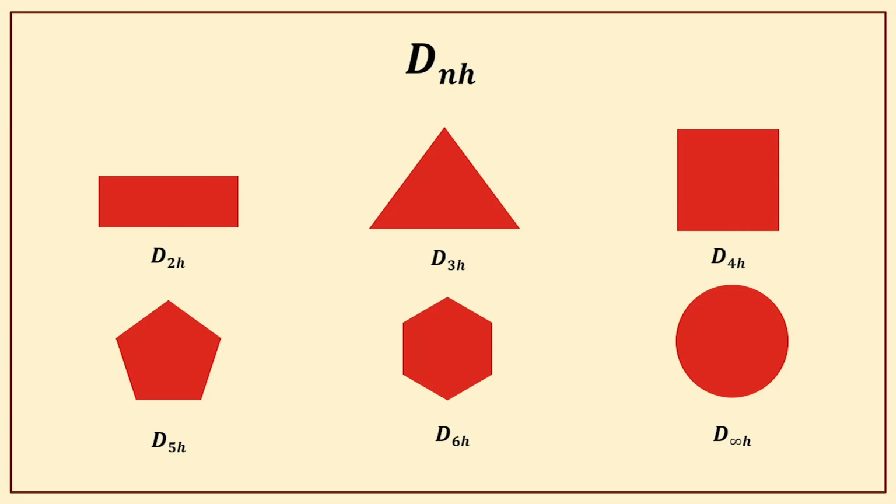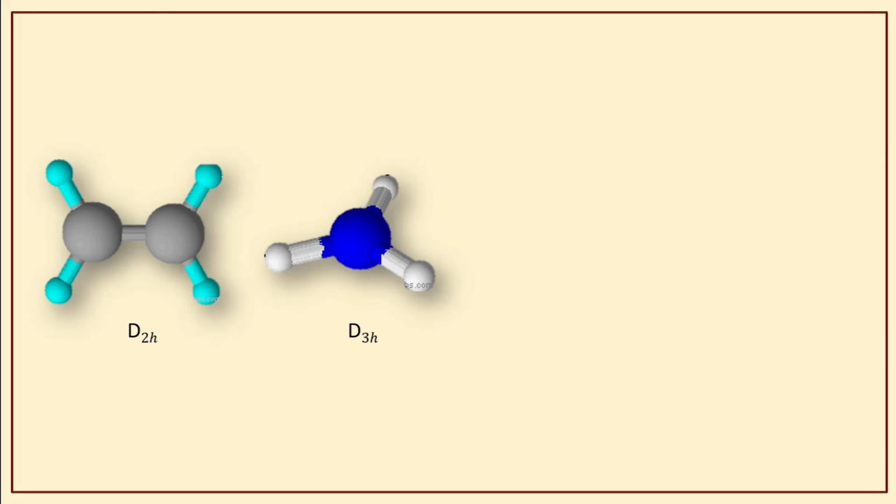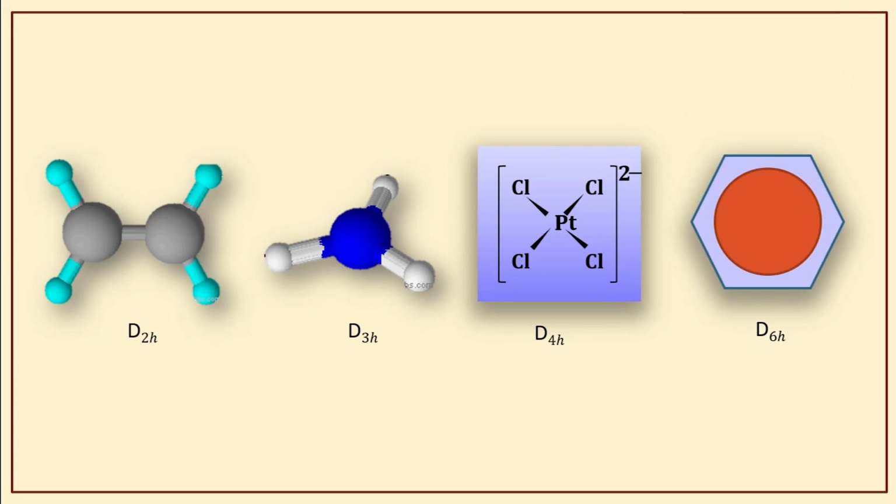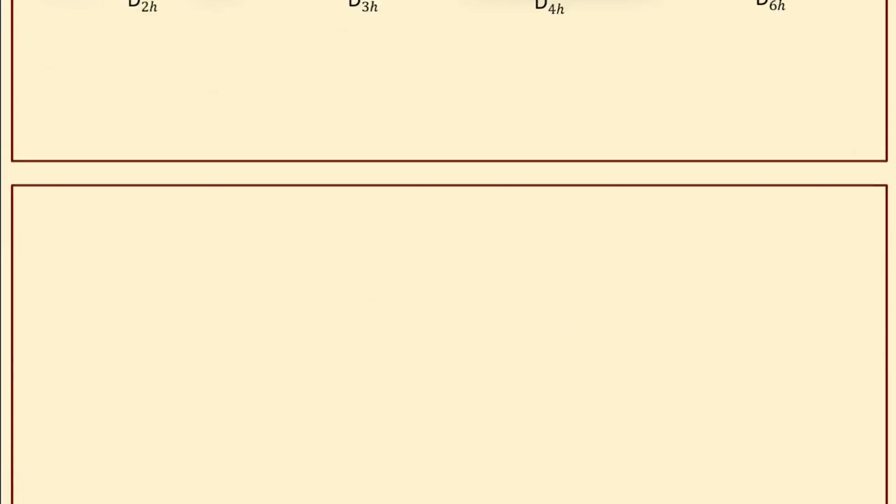These kinds of structures make a Dnh symmetry. You just notice some structures like D2h, a C=C bond, ethene, or say boron trifluoride, D3h, or say the square planar complex of platinum, tetrachloroplatinate ion, a D4h symmetry, and say benzene, a D6h symmetry. So what is common in all these structures? They're all flat, and therefore assignment of point group is very simple for these structures.